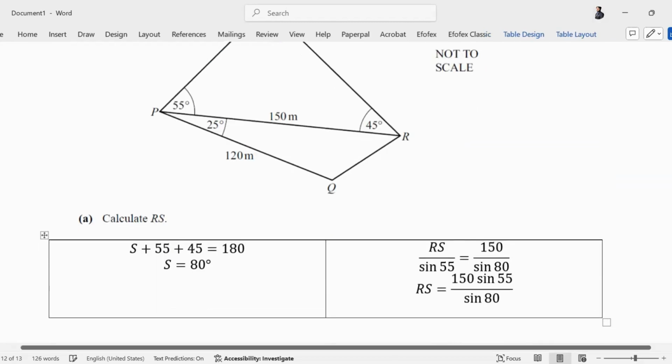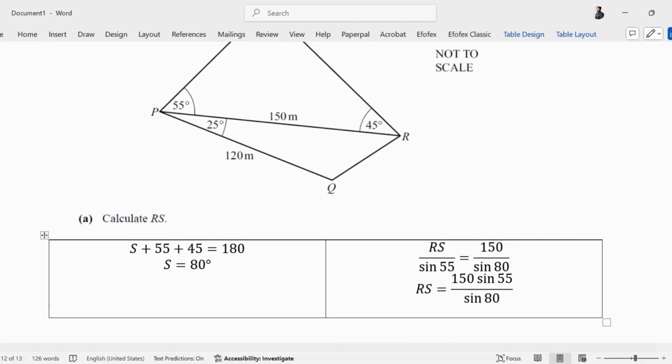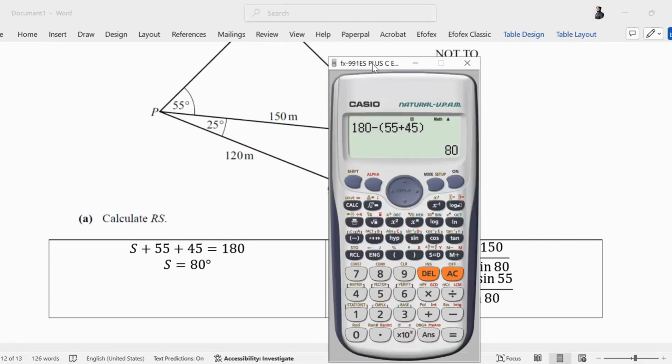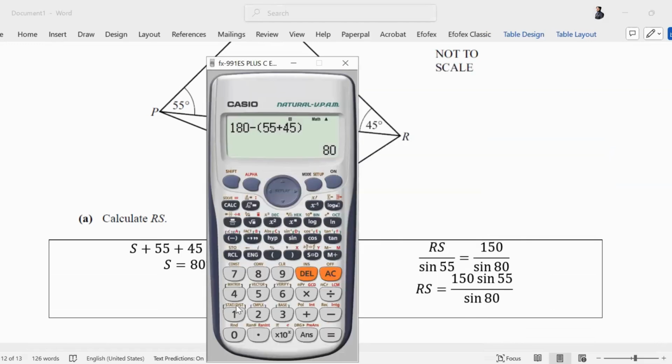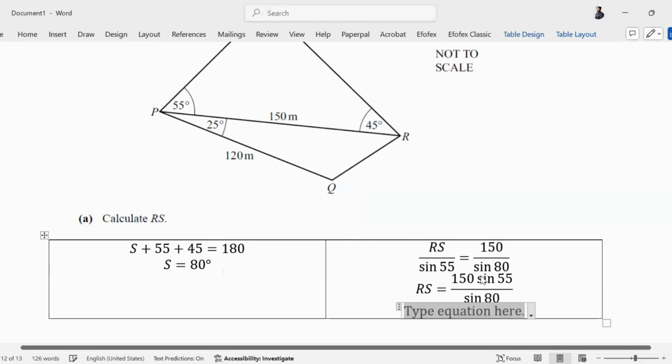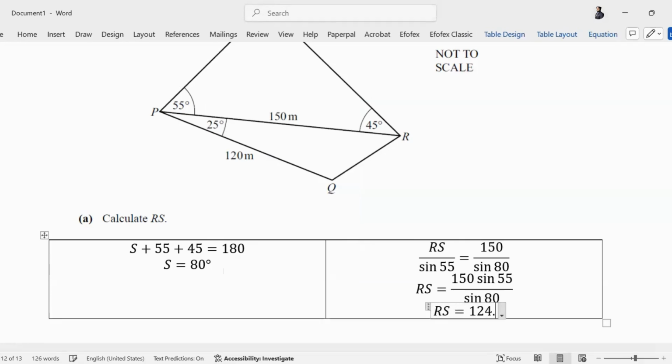If you're still confused about it, you can go to my video regarding the sine and the cosine rule and you can have a look at that. So the final answer can be calculated as 150 sine 55 divided by sine 80, which means that the value of RS is 124.8 or 125, correct to three significant figures.